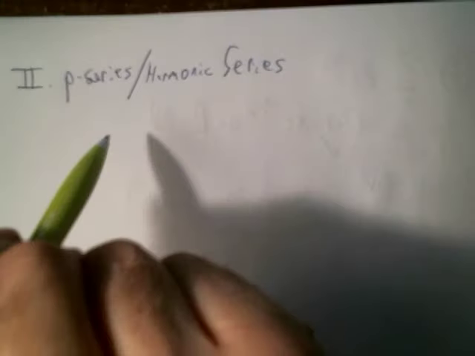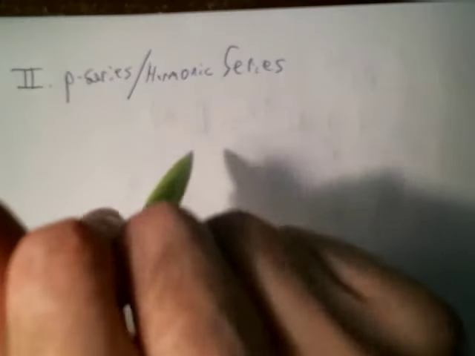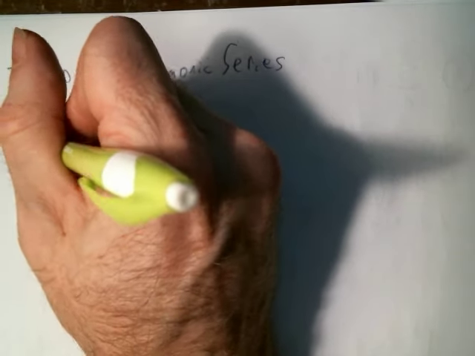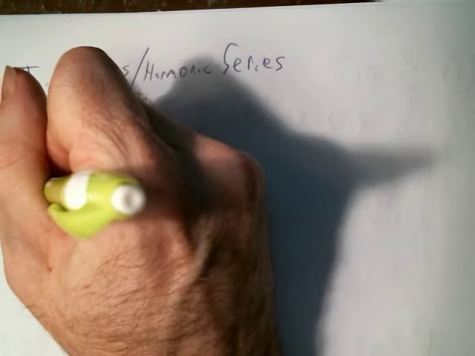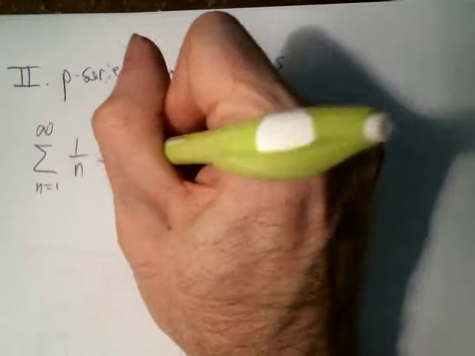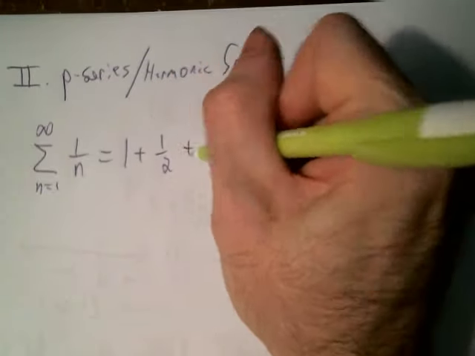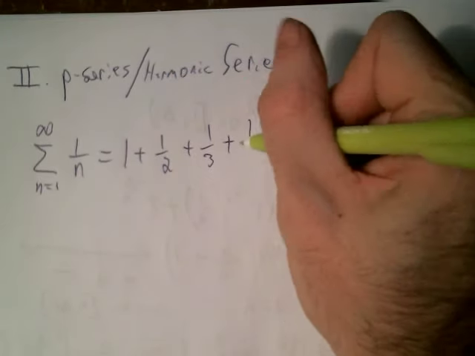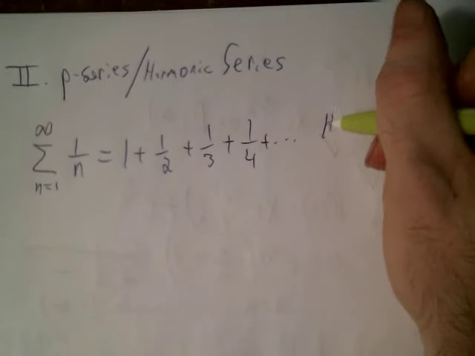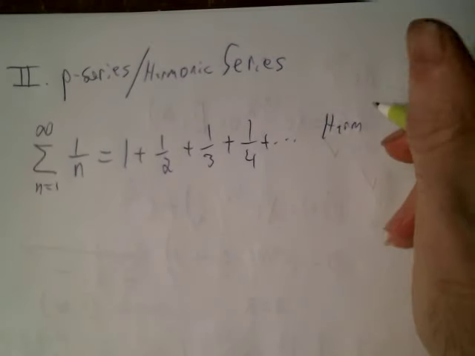Harmonic series is 1 plus 1 over 2 plus 1 over 3 plus 1 over 4, etc. It diverges. I'll just note that the series from n equals 1 to infinity of 1 all over n, which equals 1 plus 1/2 plus 1/3 plus 1/4 plus dot dot dot, is the harmonic series, and it's automatically divergent.